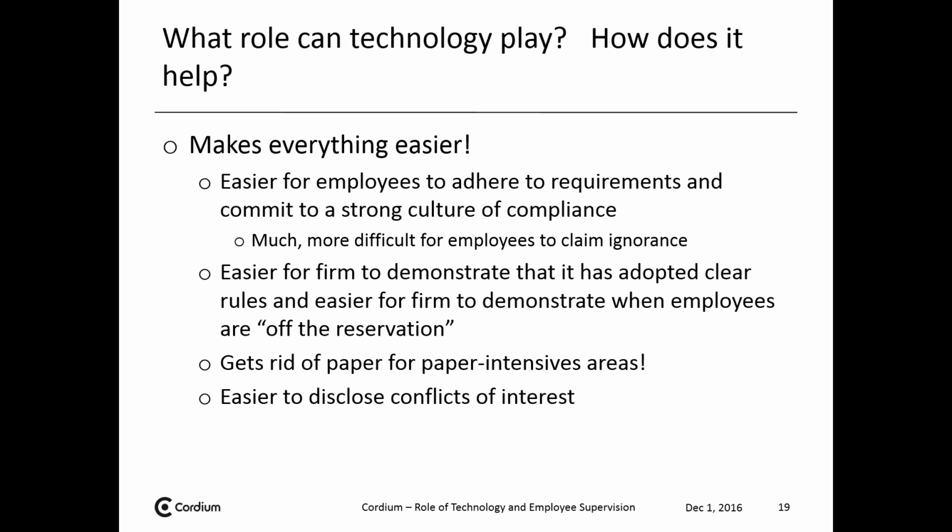I'm not saying that it's never going to have problems, but it's a lot easier. I think it also makes it a lot easier for a firm to demonstrate that it's got a program and they're not off the reservation. And it gets into a concept I'm going to talk about on the next slide: the monitoring, tracking, and reporting. Again, it's also getting rid of paper-intensive stuff. We talked about it in personal trading.